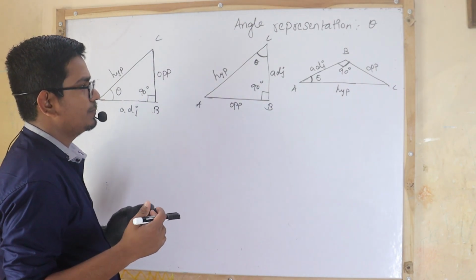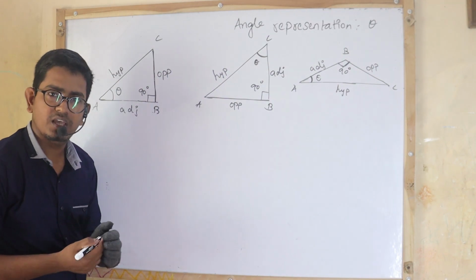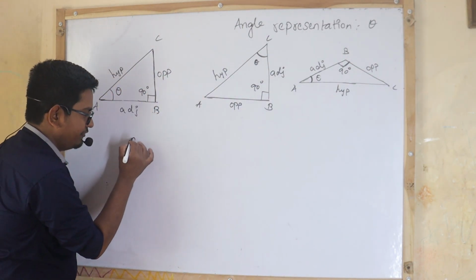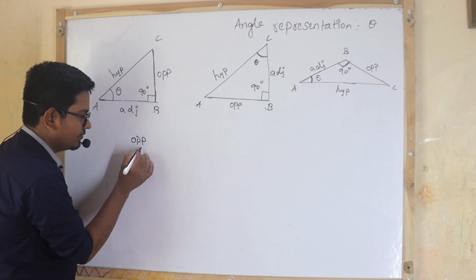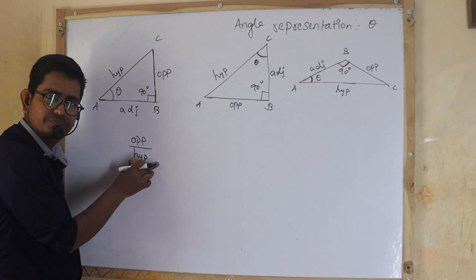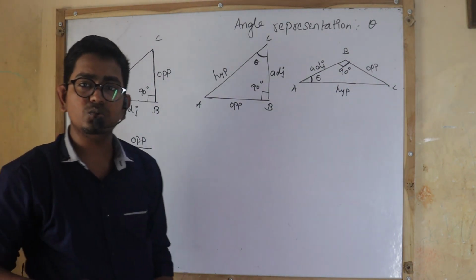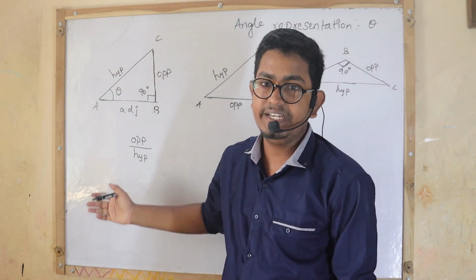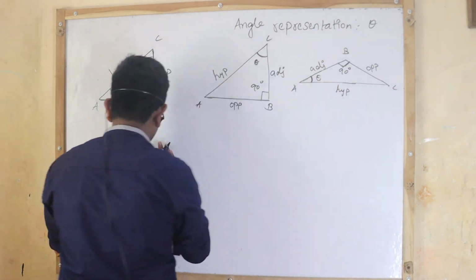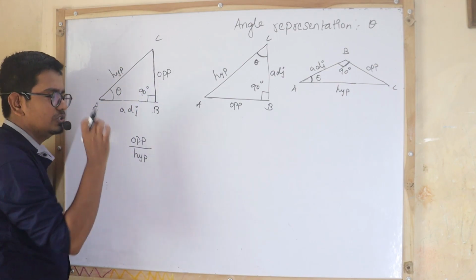So what will be the possibilities for making the ratios? As you can see here, I am just going to draw. That will be the possibility for opposite upon hypotenuse side. That might be the ratio. I'm just trying to write the possibilities. What are the ratios I can make? So here is the first ratio I can make, opposite upon hypotenuse.